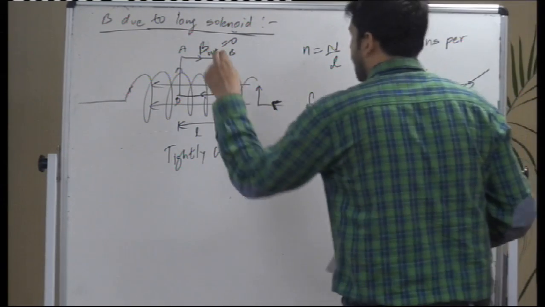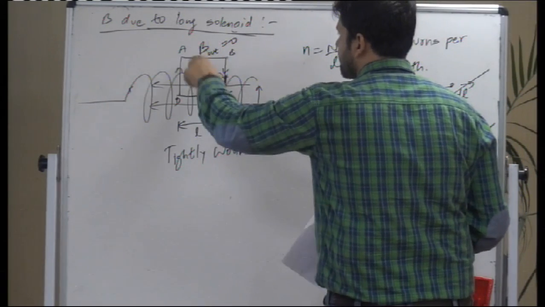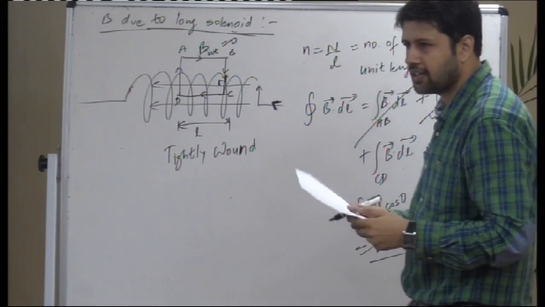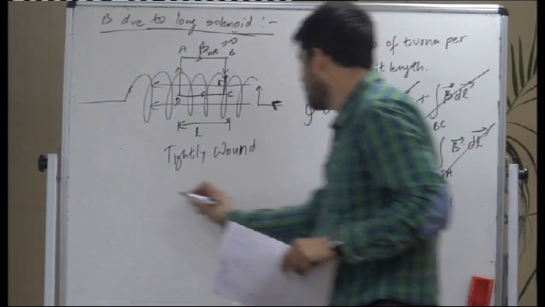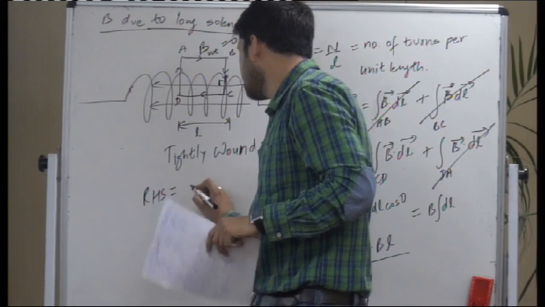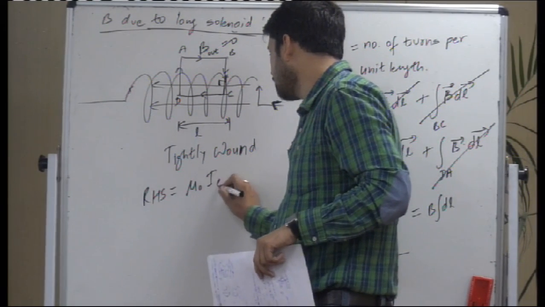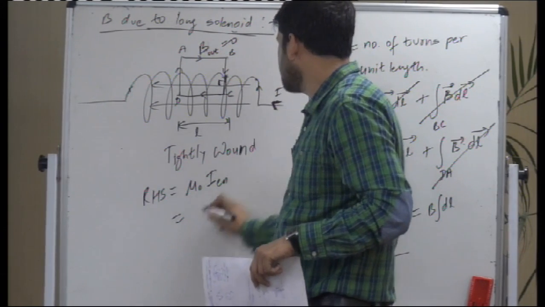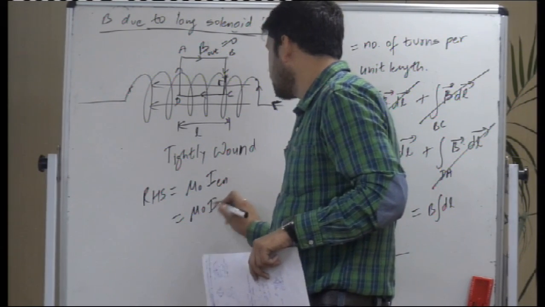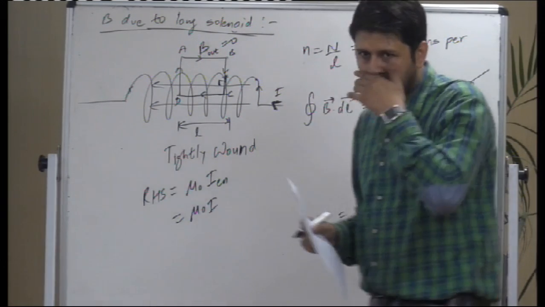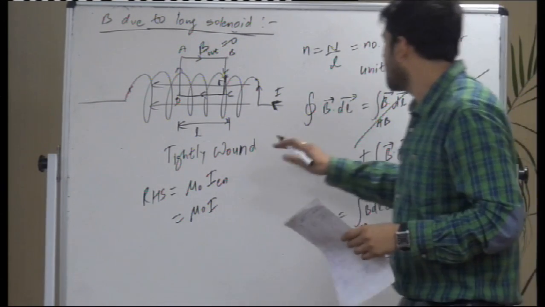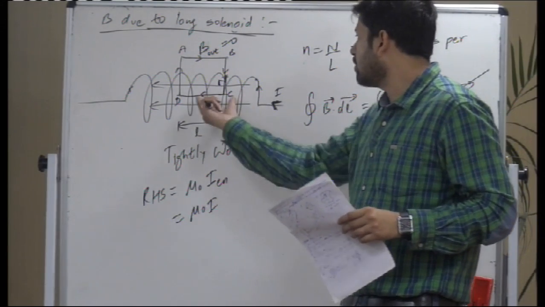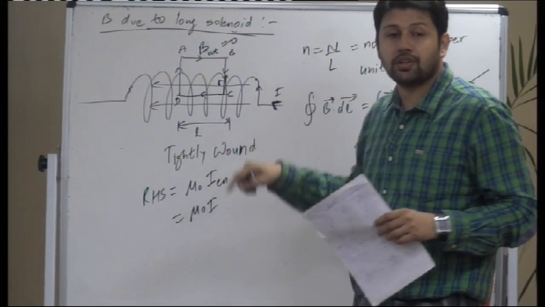Since all the loops in this region are carrying current inward, let's find the total current. RHS would be how much? Mu naught into I enclosed, which is how much? For one wire, the current is I. This is capital L. N was the number of turns per unit length.